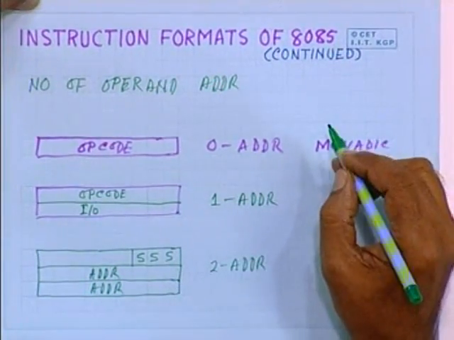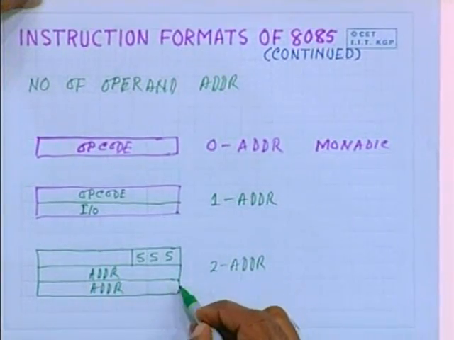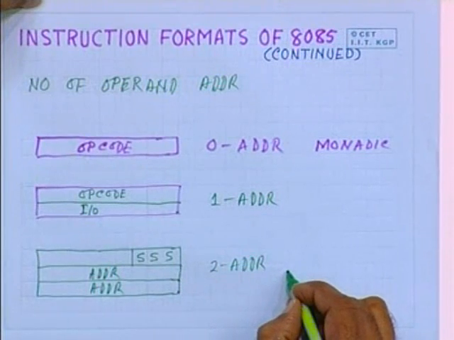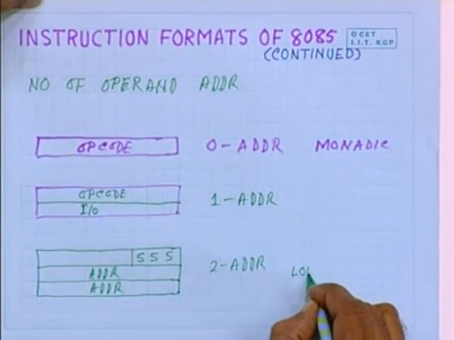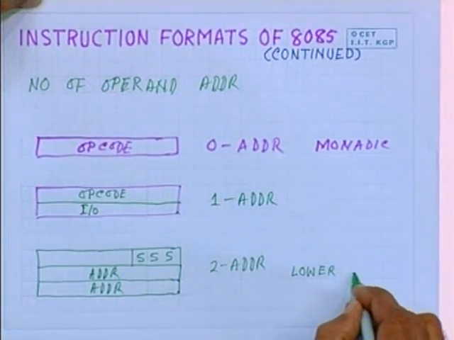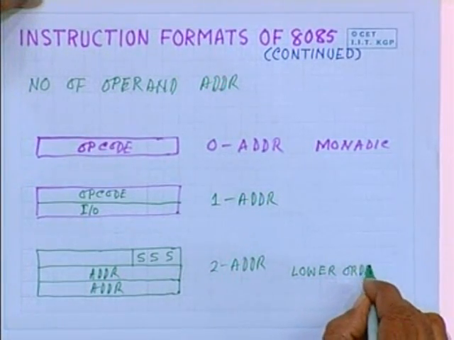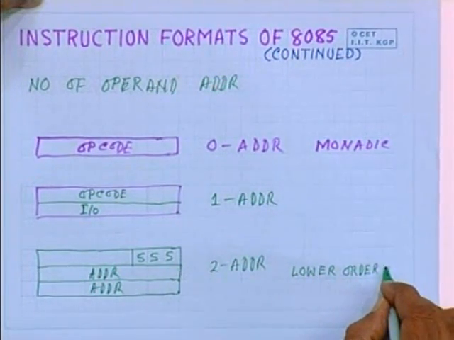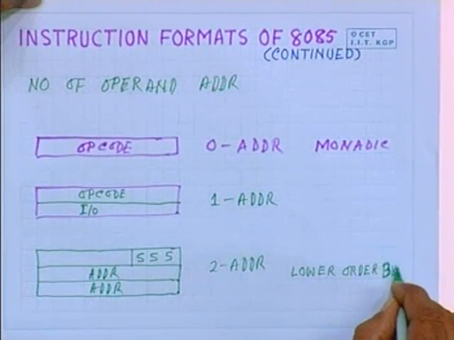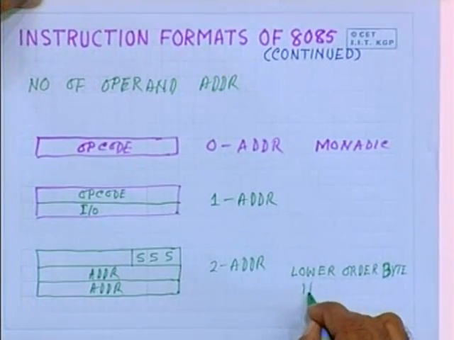So in 8085 we will find that the lower order byte is stored first. This is the lower order byte of the address, and this is the higher order byte.